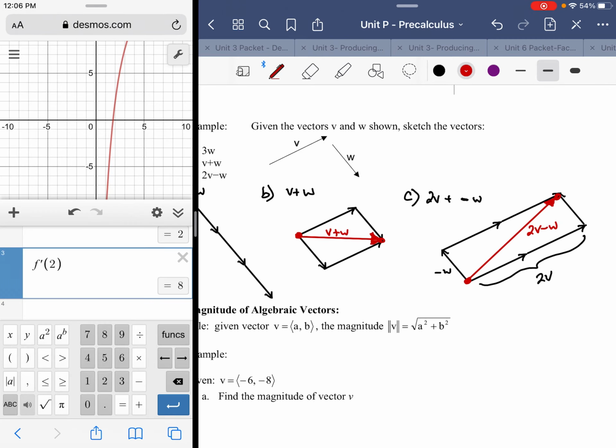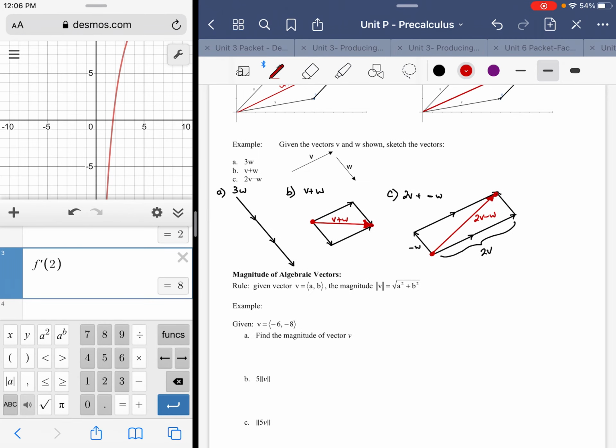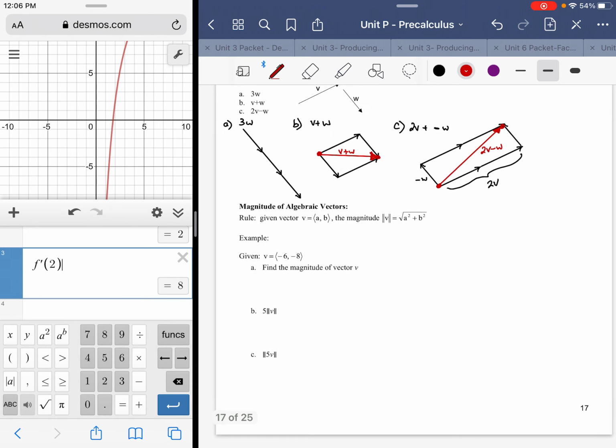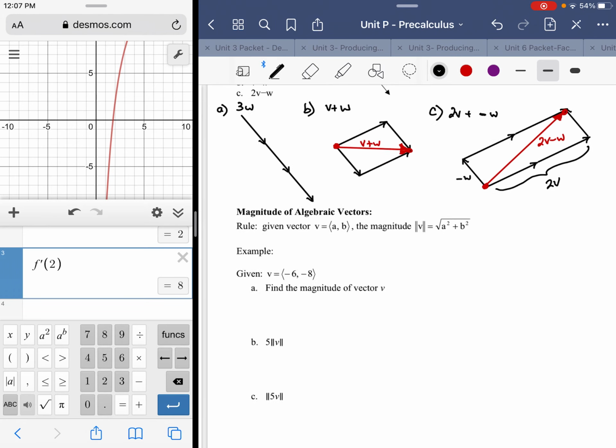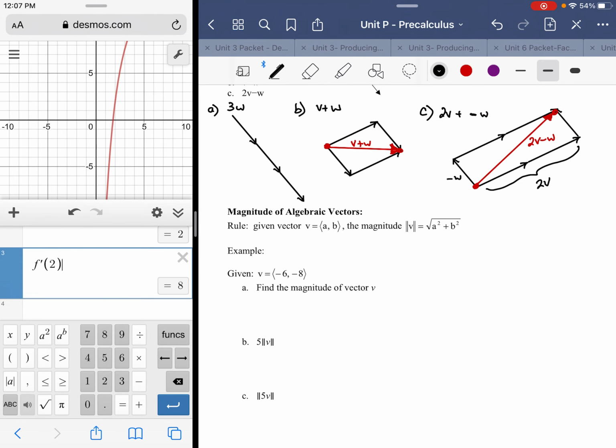Then a line segment connecting the two endpoints, and that would be 2v minus w. So that's how you handle geometric cases: finding vector sums and scalar products and the combination of the two using just a strictly geometric approach.